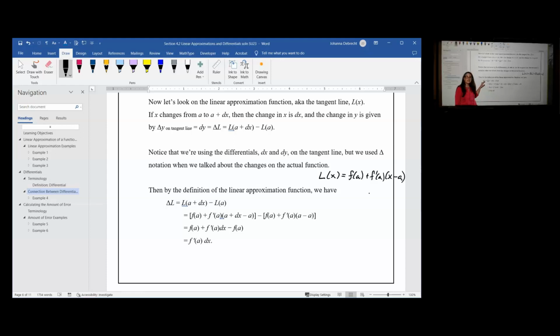And we can see that the change in y values on the linear approximation function, this of course being dy, becomes the derivative at a times the differential dx. dy equals f prime of a dx.